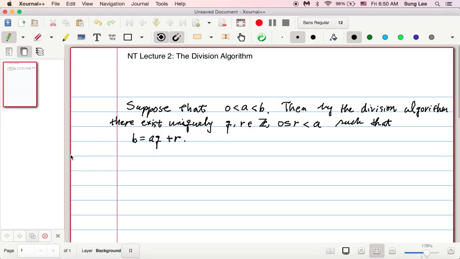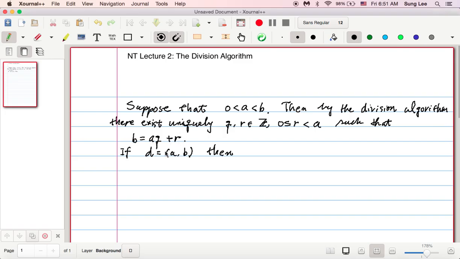Here, let d equal the greatest common divisor of a and b. So we are going to denote the greatest common divisor of a and b by d. Then d divides a, and d divides b.